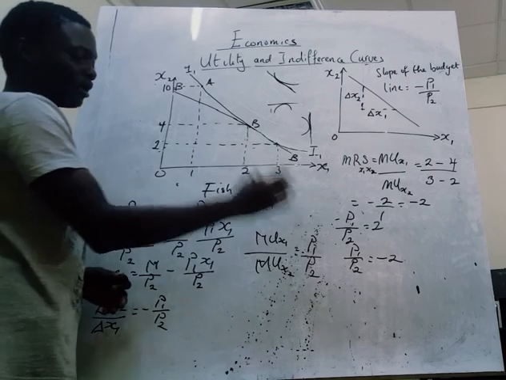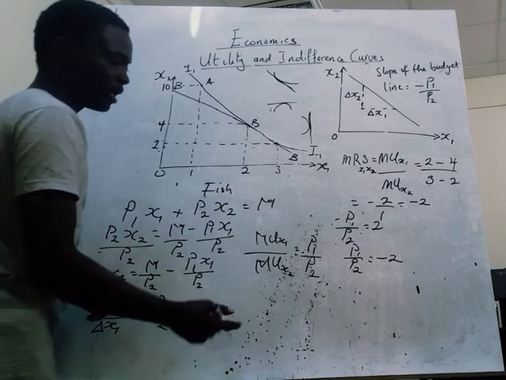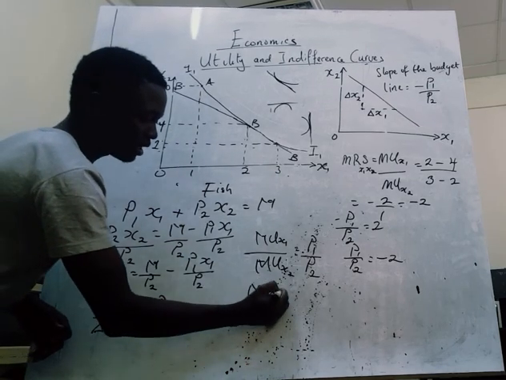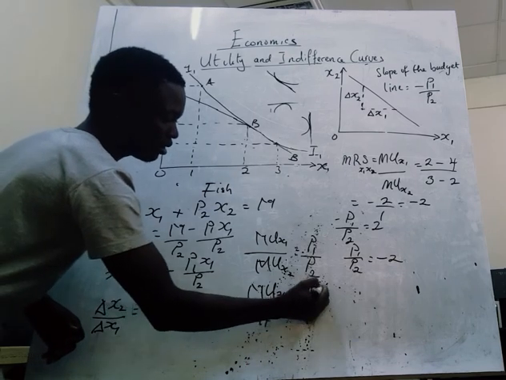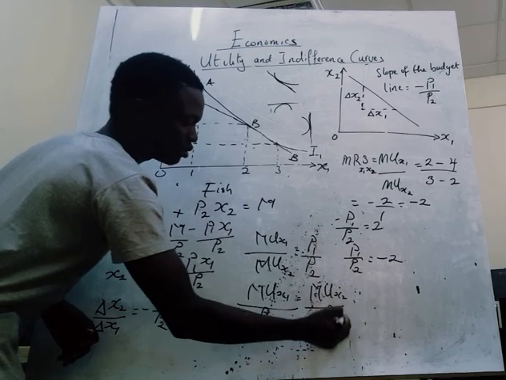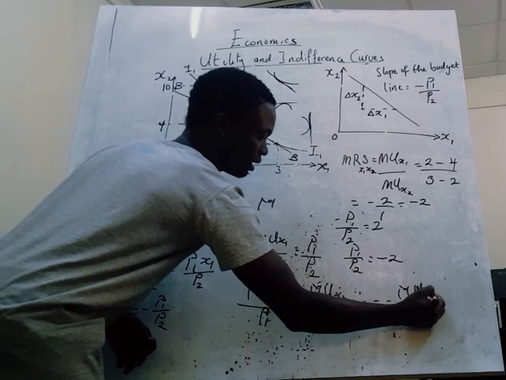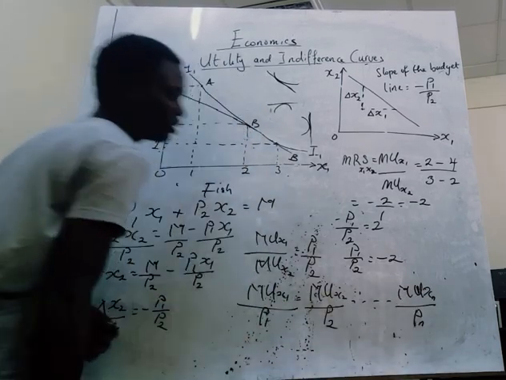We are being led to this point. This could also be expressed in this form: MU x1 over P1 equals MU x2 over P2, and so on and so forth, to MU xn divided by Pn.